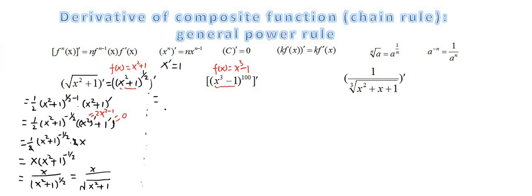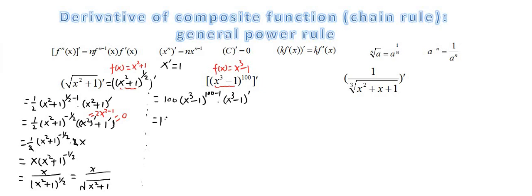We have n equals 100. Put 100 here, and f(x), that means x cubed minus 1, to the power n minus 1, which should be 100 minus 1, and times the derivative of f(x). So the derivative of f(x) should be the derivative of x cubed minus 1.